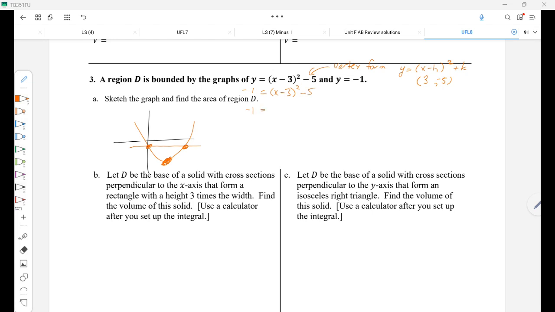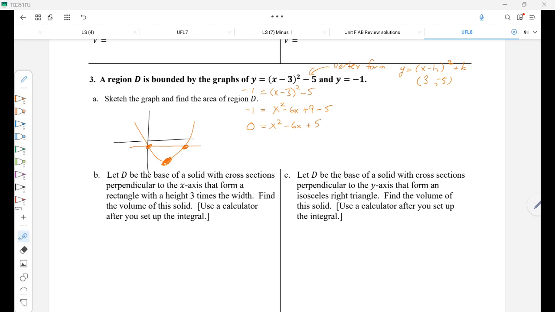Negative 1 equals x squared minus 6x plus 9 minus 5. That would be nice, right? Yep. I was thinking I had to factor it, so I wasn't going to make a mistake based on that, but it was definitely wrong. So we actually have to do 9 minus 5 and then plus 1. So I think we end up with plus 5, which is an easy factor.